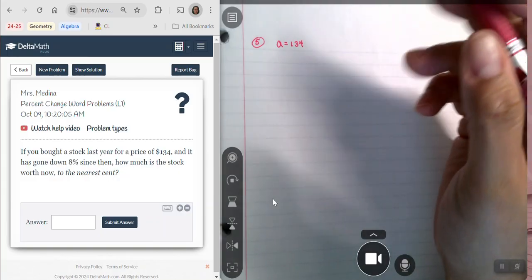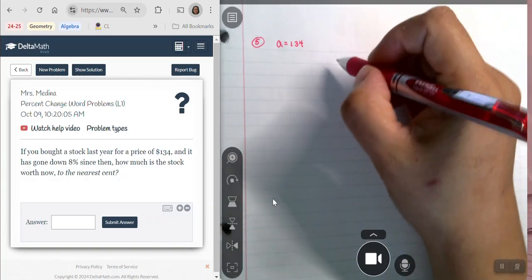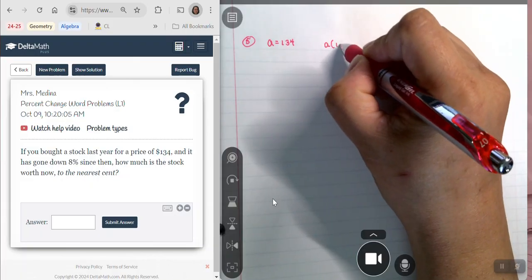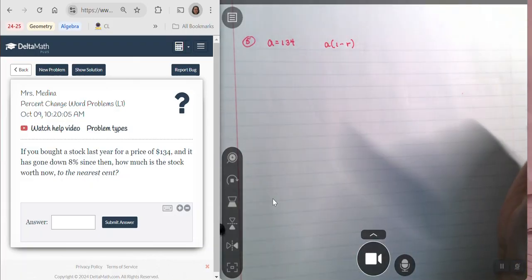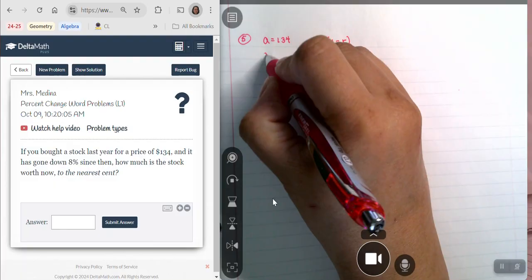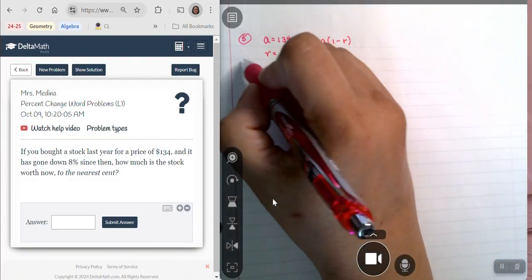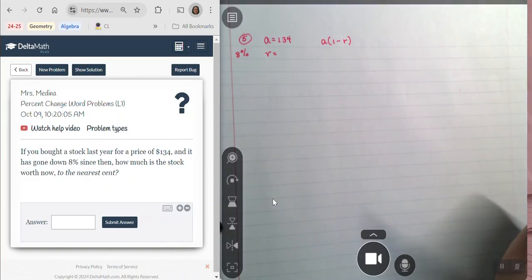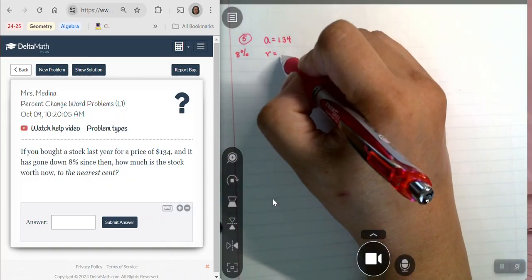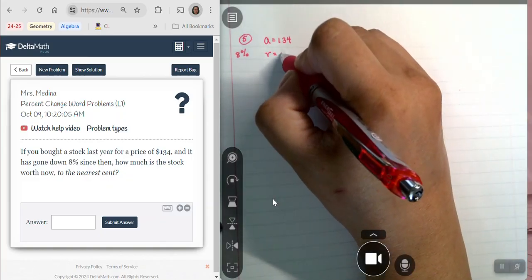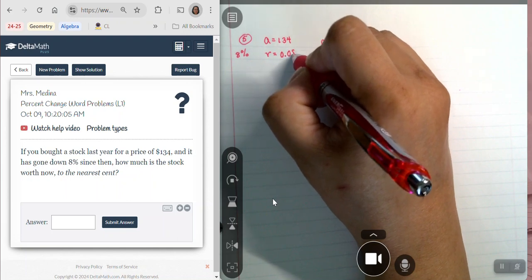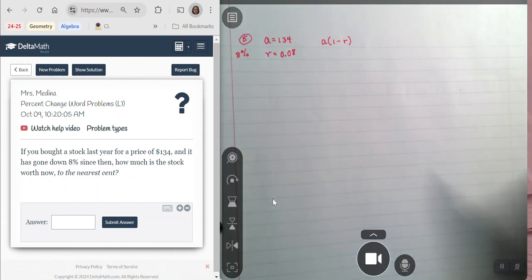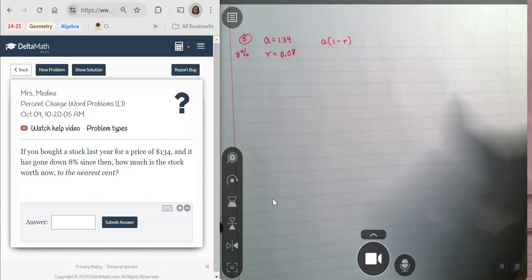So did it increase or decrease? It decreased. So it's going to be A times 1 minus R, clear? By the amount that it decreased. Our R, anybody know what 8% is as a decimal? Yes. 0.08, correct? Don't mess up on the zeros. It's going to mess up your calculation.